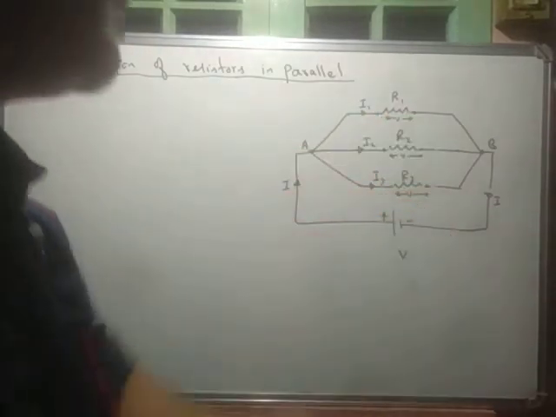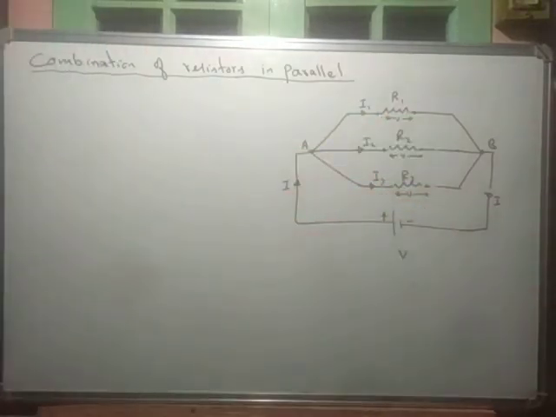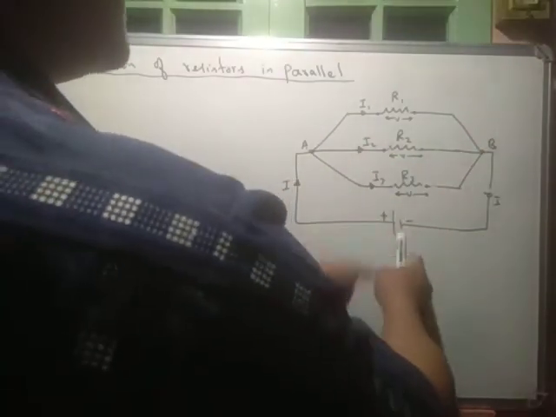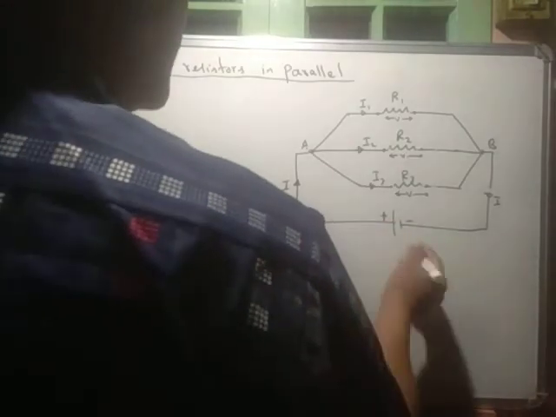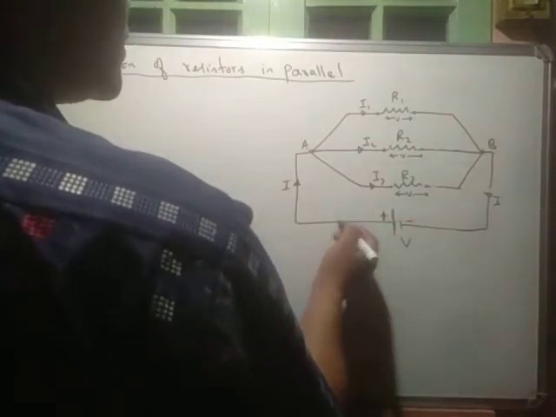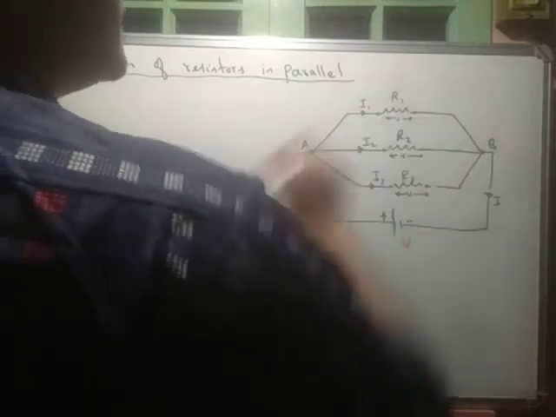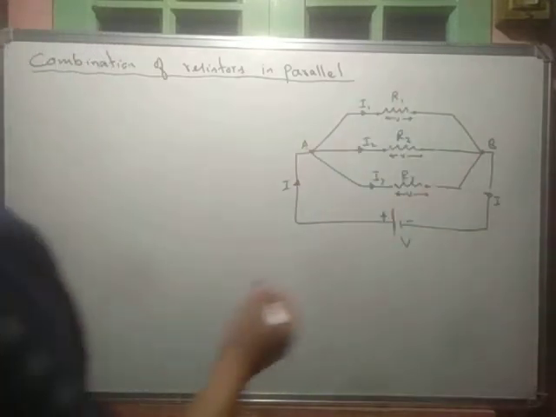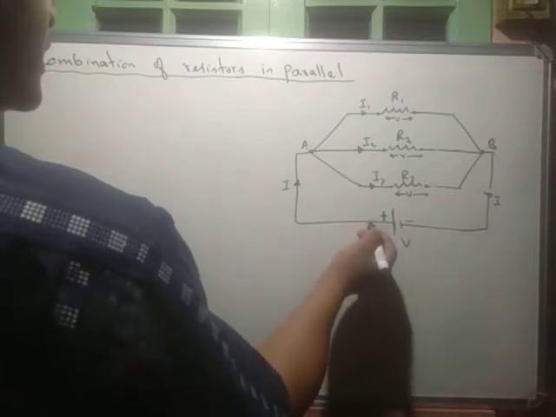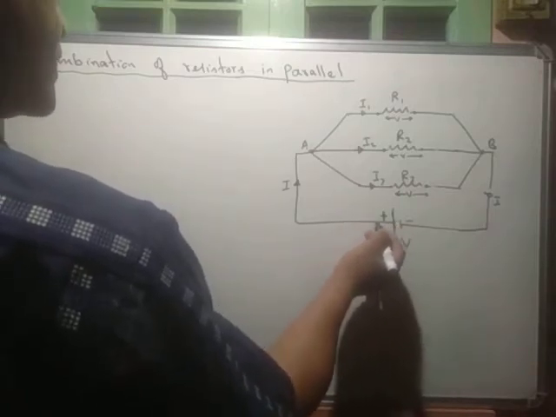So these two free ends A and B are connected to a potential difference V. Now this potential difference V will send out a current I to the circuit. This current I is coming from the positive terminal of the cell.